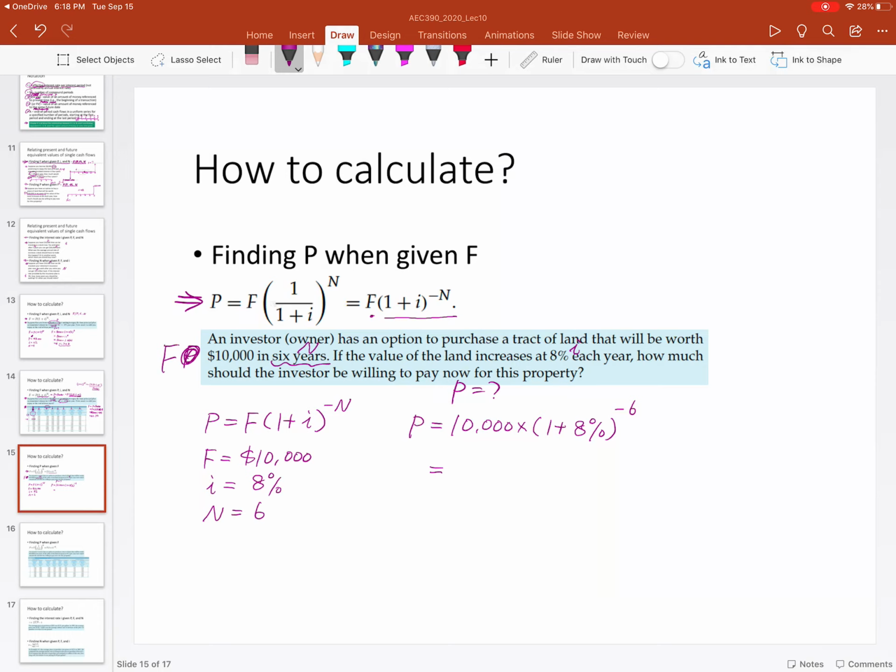Okay, and this is 10,000 times 1.08 to the power of negative 6. 1.08 to the power of negative 6 is 0.63017.